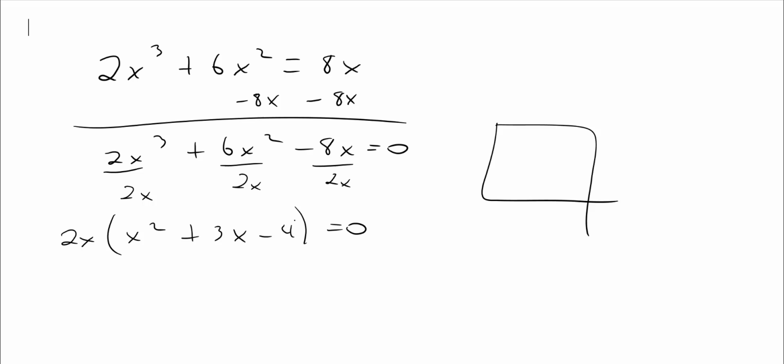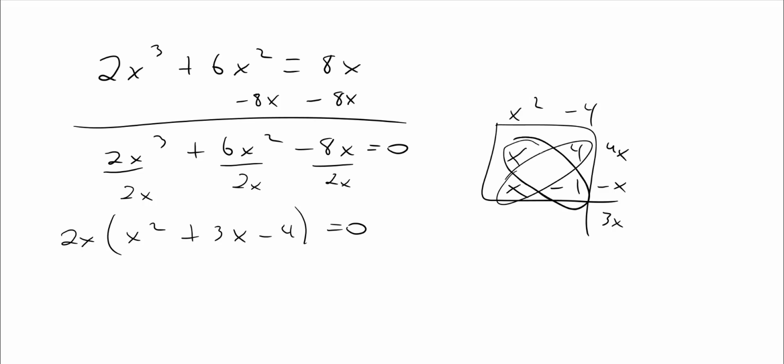So for the x squared, the negative 4 and the 3x. So it's x and x, 4 and negative 1, because that gives us 4x and negative x. So that's good. So here it is, x plus 4, x minus 1. So it's 2x, x minus 1, x plus 4 equals 0. Okay, that's the third step.